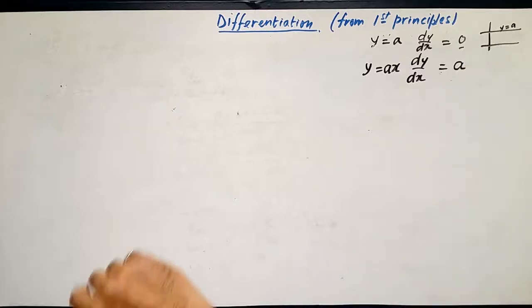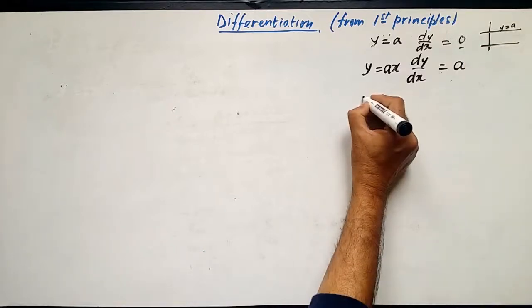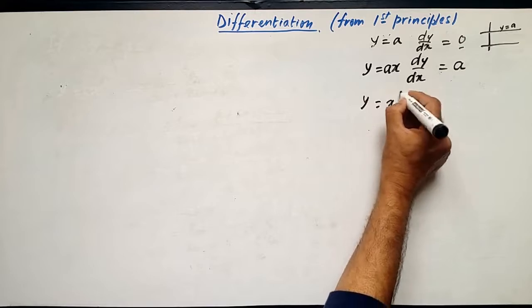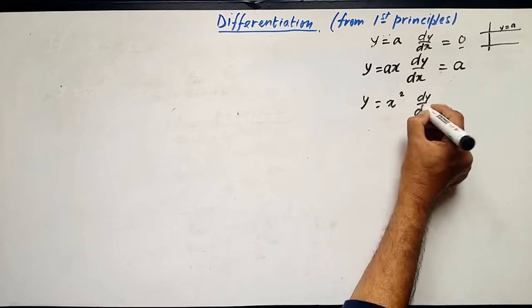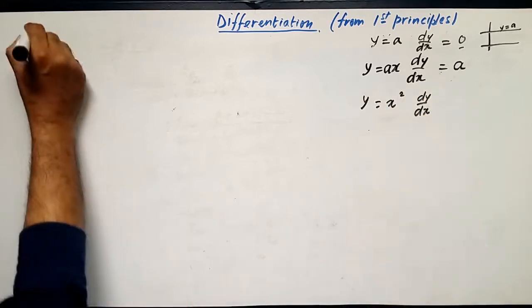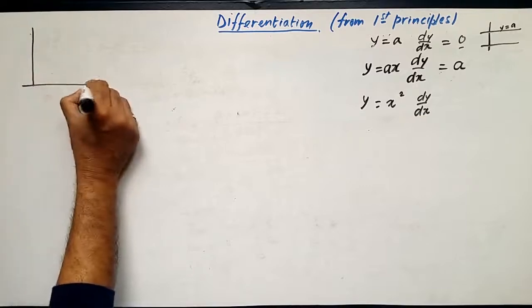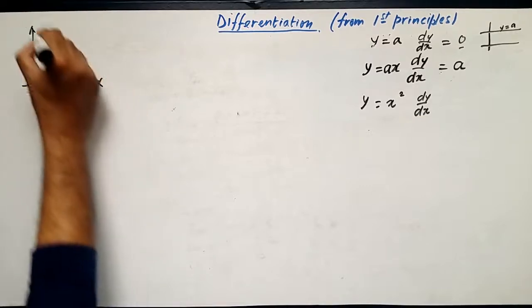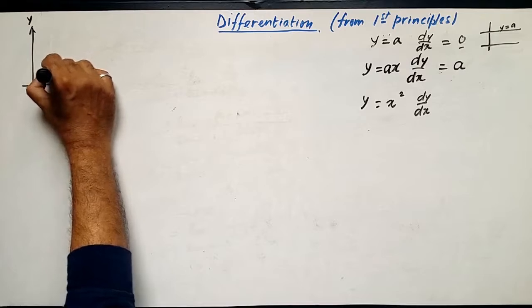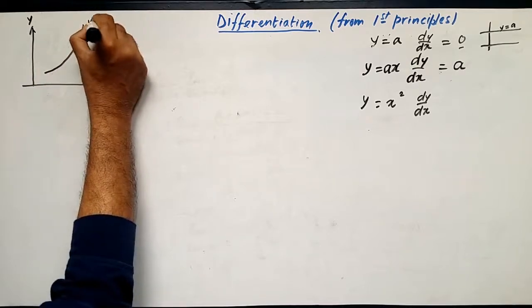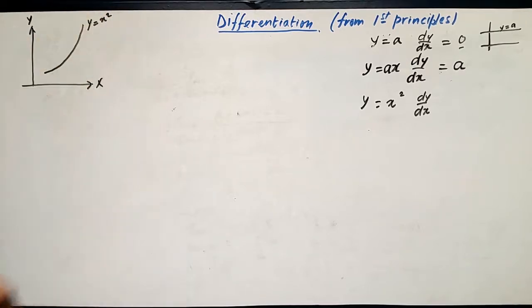Okay, now let's see what happens if we have y is equal to x squared. So let's draw this curve. This is the x-axis and this is the y-axis. So this is the curve y is equal to x squared.